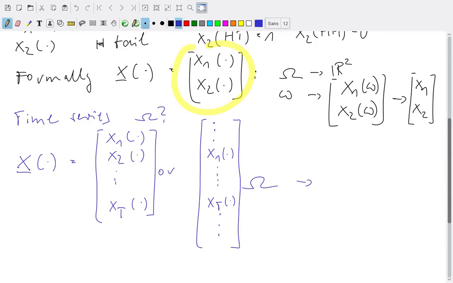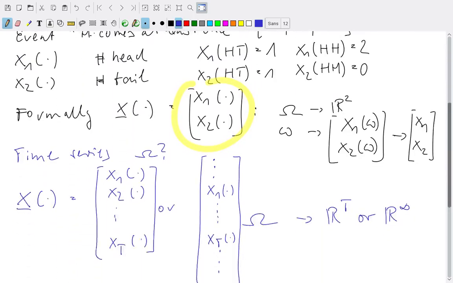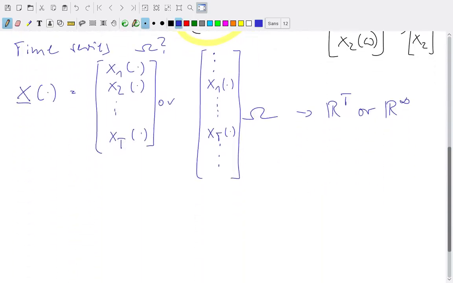And so we have this mapping from omega into R to the T, the T-dimensional set of real numbers, or maybe into R infinity when we deal with Hamilton's idea of a stochastic process. That would be a definition of a random vector. You would have this small omega out of the big omega.